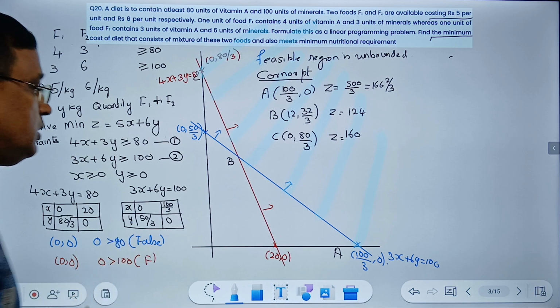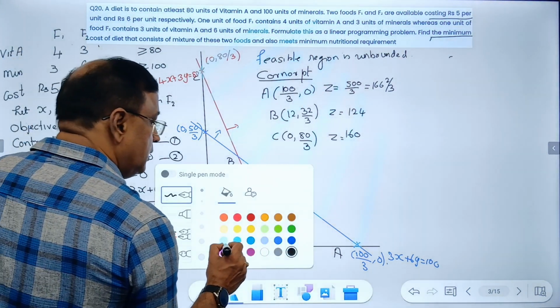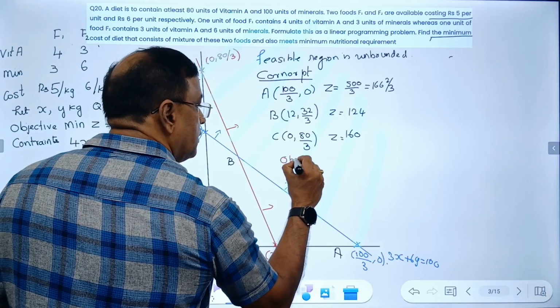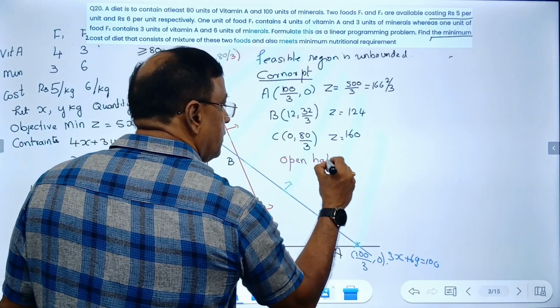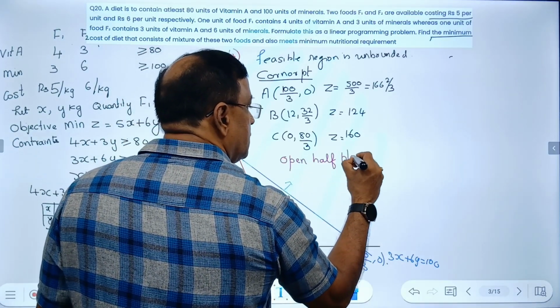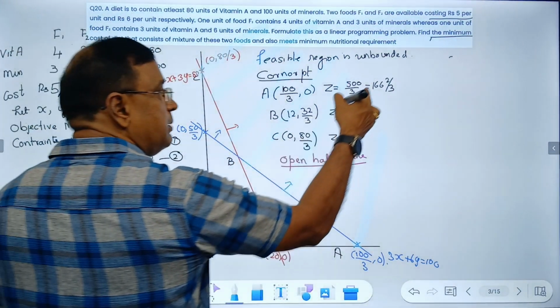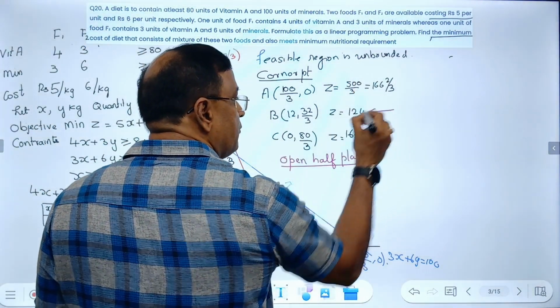Okay, so now what is this open half plane? Very simple. Watch this. I'm going to write open half plane. Since the question is to minimize, which is the minimum value? This is my minimum value.